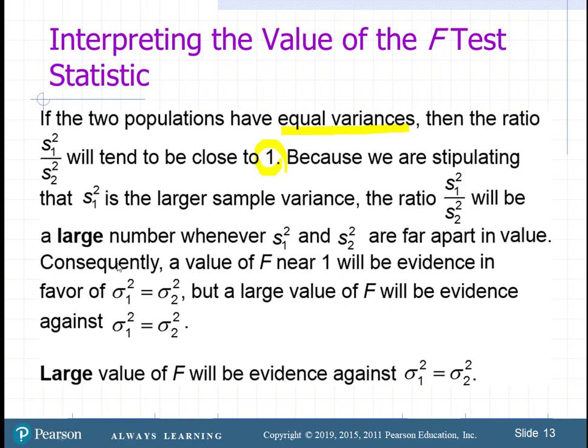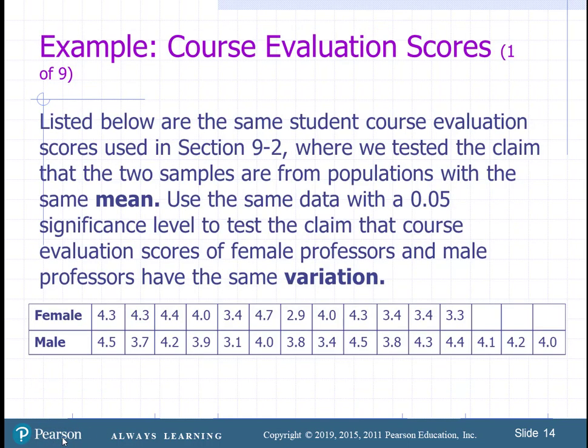If they're far apart in value, then our F will be very large. So again, an F value near 1 is evidence in favor of our null hypothesis, but a large value of that ratio is evidence against our null hypothesis.